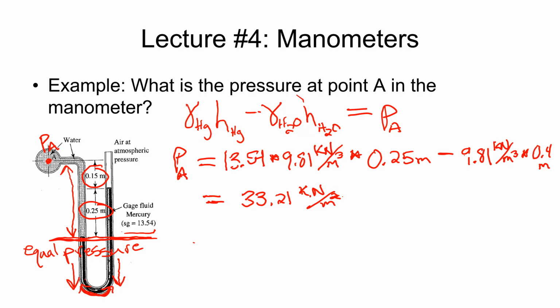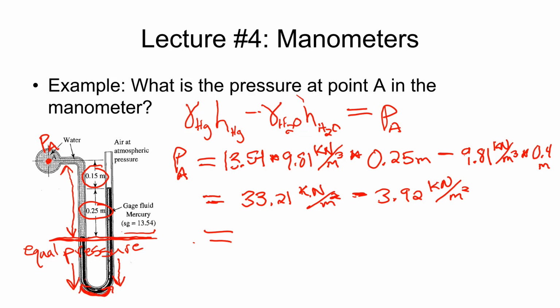The meters are going to cancel out the cube sign, and we're just going to have kilonewtons per meter squared. And then minus 9.81 times 0.4 is going to be 3.92 kilonewtons per meter squared.